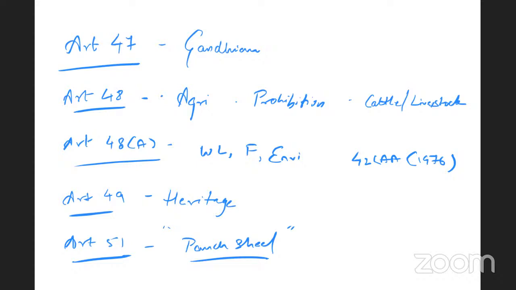The Indian state is to promote international peace and security, to work for honorable relations between nations, to encourage respect for international law, and to encourage settlement of international disputes peacefully. Sorry, I forgot about Article 50.